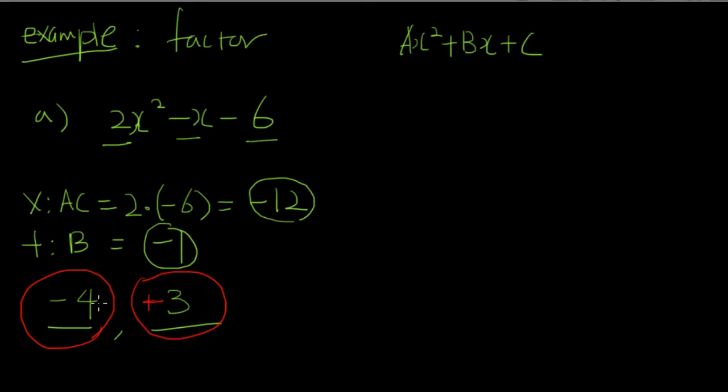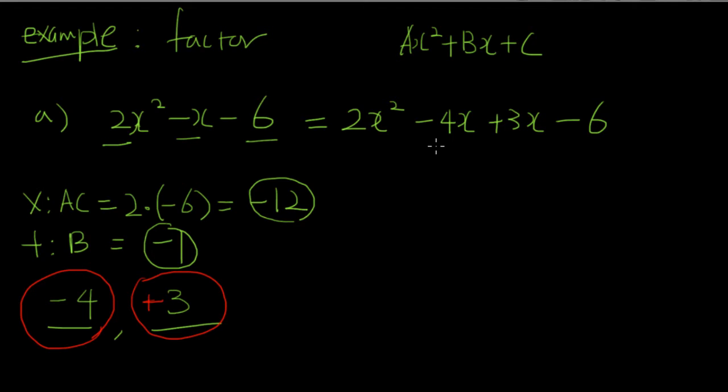Okay, so when you split the middle term using these two numbers, this would be 2x squared. Instead of writing minus x, you're going to now write negative 4x plus positive 3x negative 6.